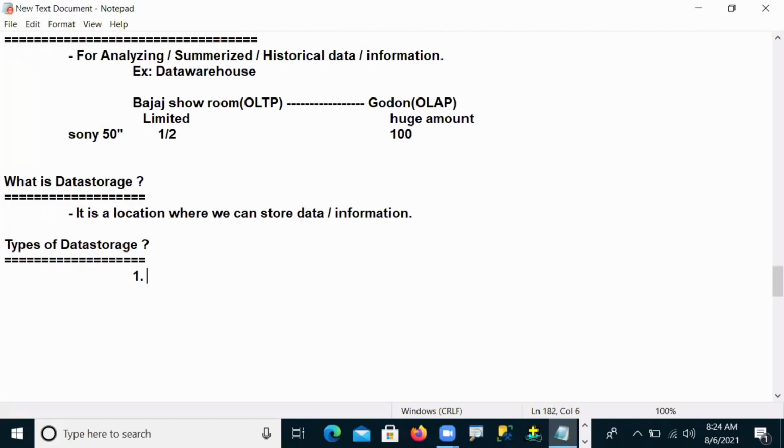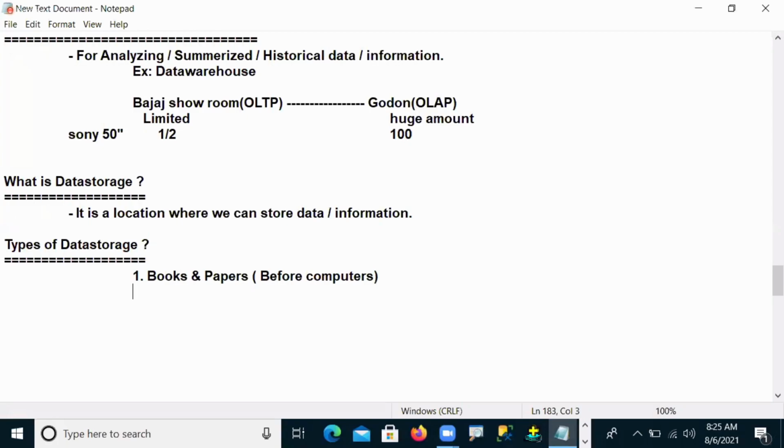The first one is the very oldest model, which was used before computers, when there were no computers in the world.